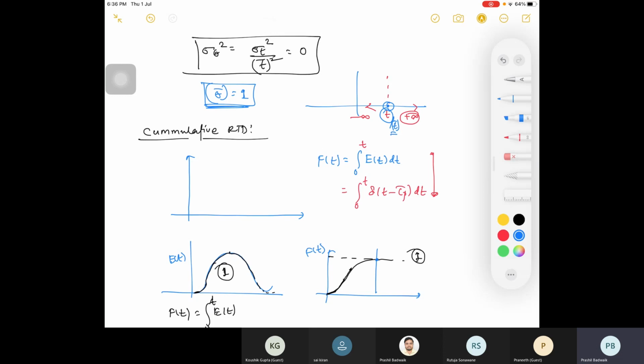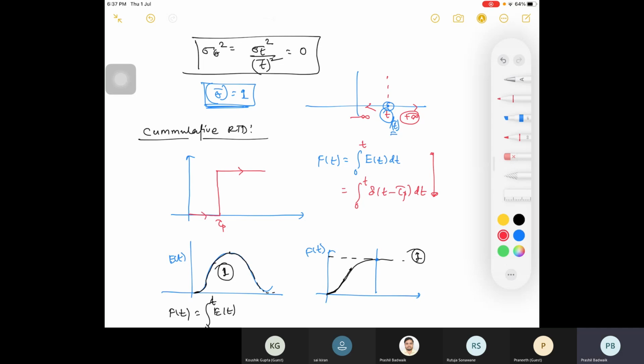In the case of your ideal PFR, if t is greater than tau p, then f of t equals 1. Suddenly there will be a jump at time t equal to tau p.